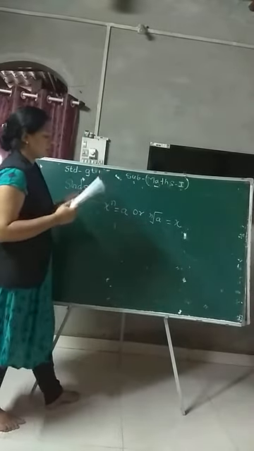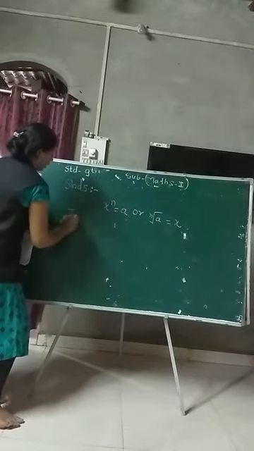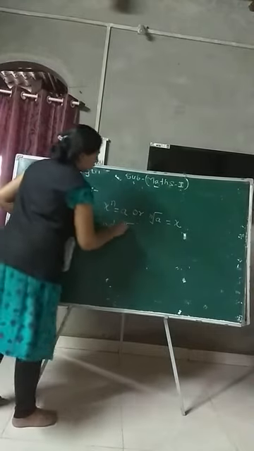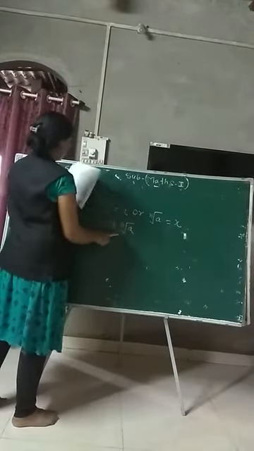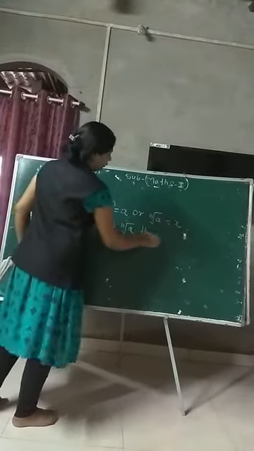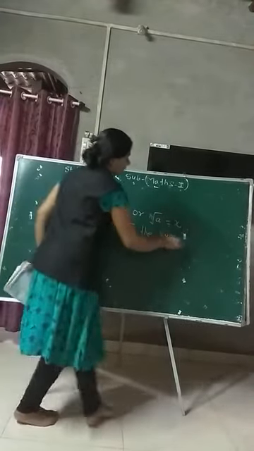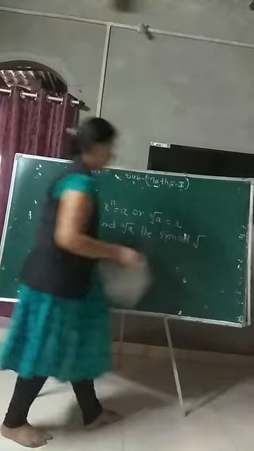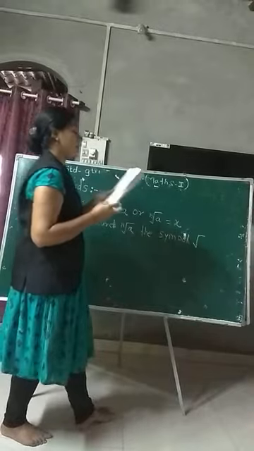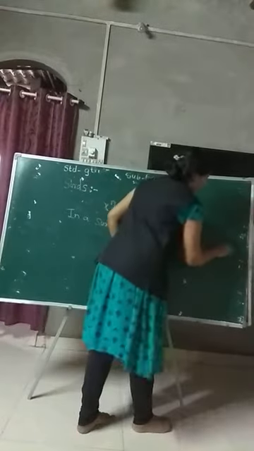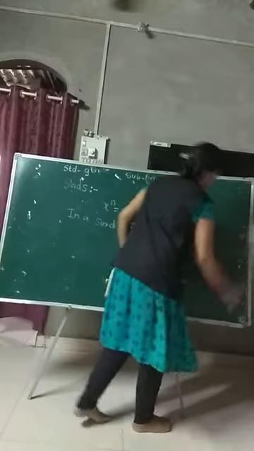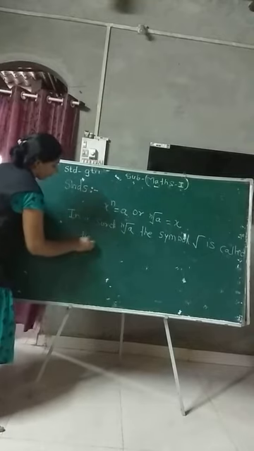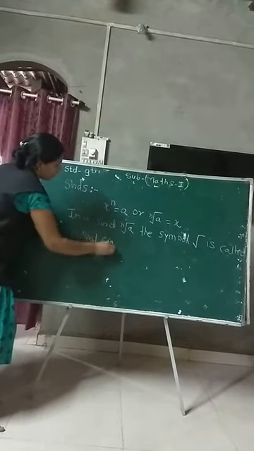In a surd, nth root of a, the symbol of root is called the radical sign.